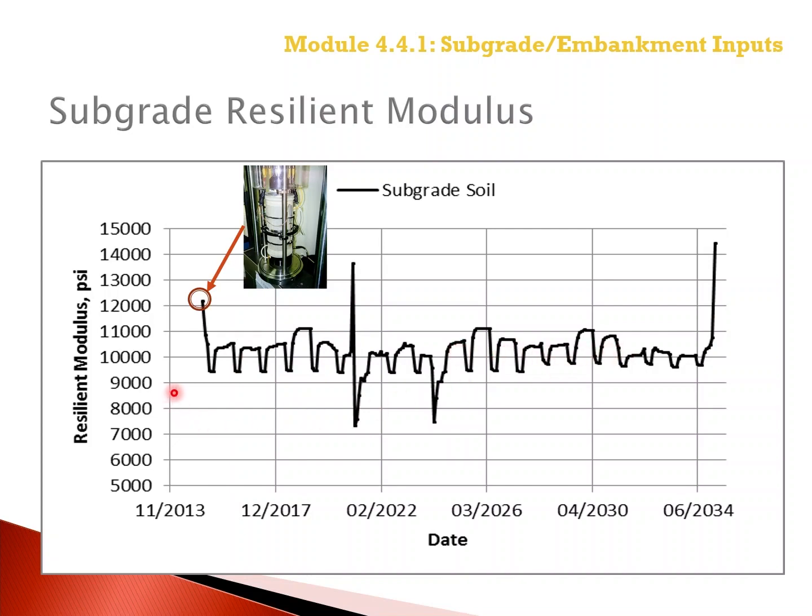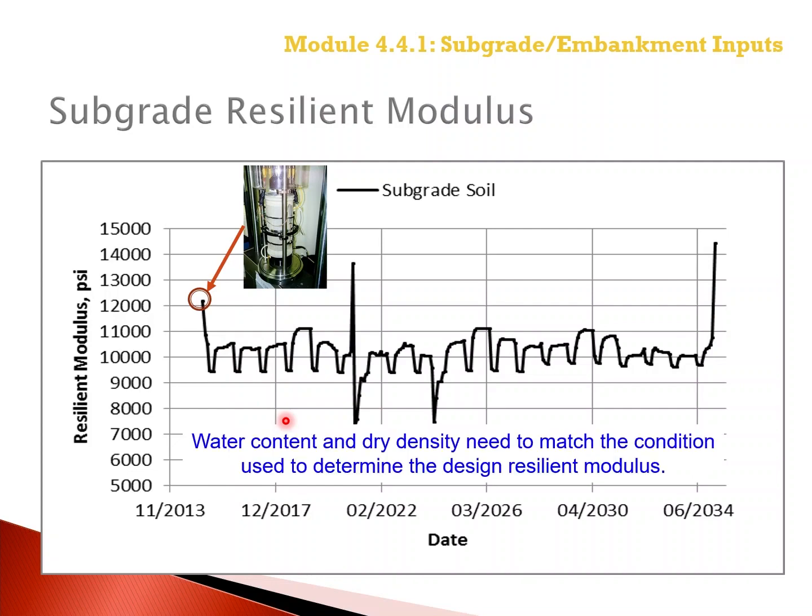And as you can see, there can be decreases in resilient modulus as well as increases. And this shows the wetting of the subgrade soil, and then the drying out of that subgrade soil, the wetting, and then kind of drying out, and how that affects resilient modulus.